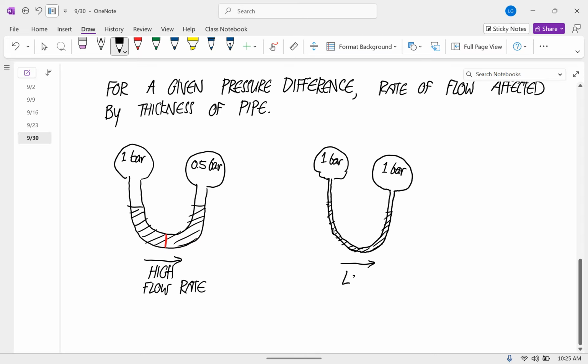It's still going to go this way, but that change in thickness is going to affect how much mass flows through that point.